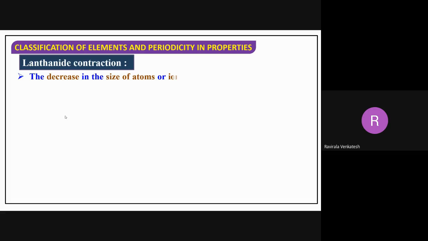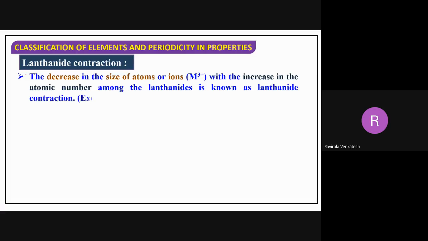What is the meaning of lanthanoid contraction? Very simple. The decrease in the size of lanthanides is generally called lanthanoid contraction. Some exceptions are there: europium and yttrium.